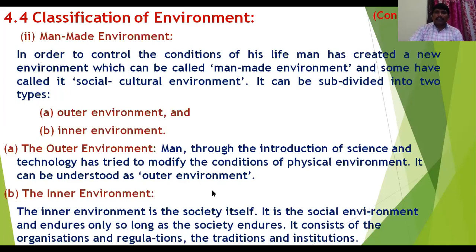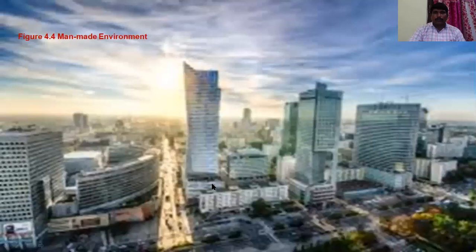Thus, the various facets of the total environment, that is the physical, the inner and the outer, are merged together in our experience. The figure on the screen, figure 4.4, depicts the man-made environment, that is, the built environment.